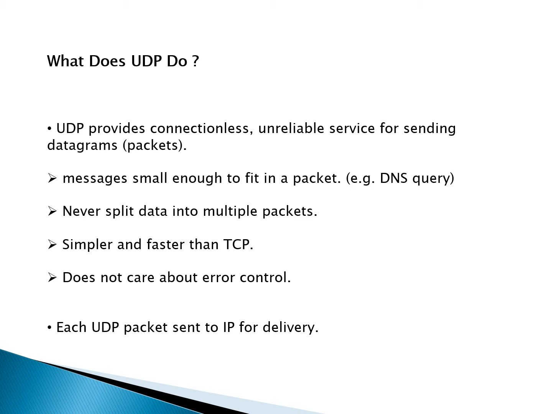Now we talk about UDP. User Datagram Protocol, UDP, is the other protocol of the transport layer. It is somewhat equivalent to IP, just a little extra beyond IP. UDP does not provide any reliable kind of connection. What UDP does is provide a connectionless, unreliable service for sending datagrams or packets.